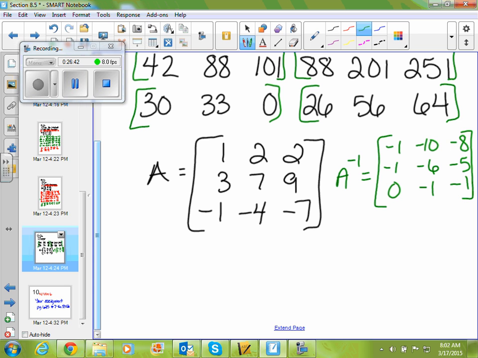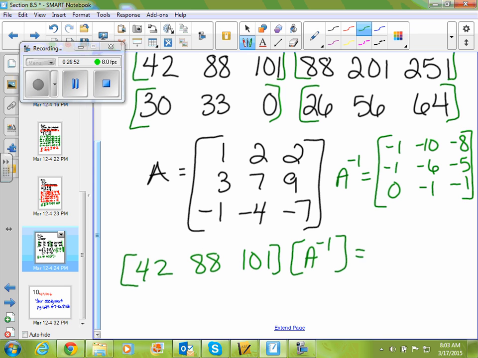Okay, so if I take my first matrix, 42, 88, 101, I'm going to multiply that by my inverse matrix. And if I multiply that by my inverse matrix, I end up with the new matrix 13, 5, 5.